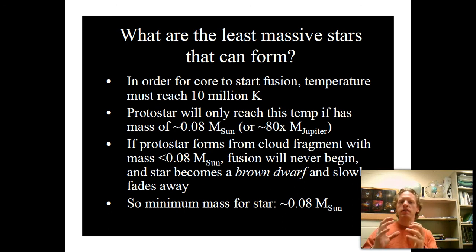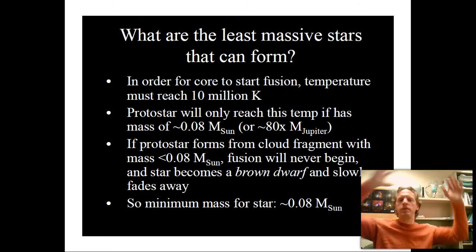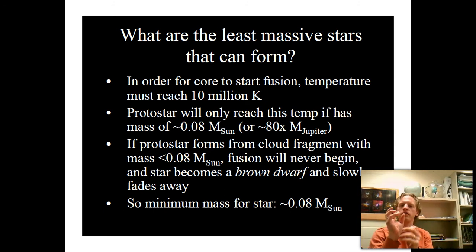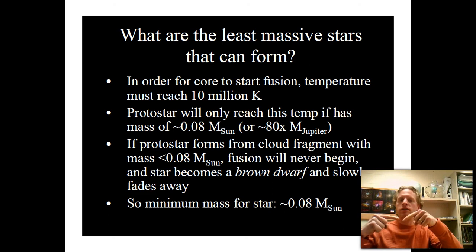Now, if that one fragment of the bigger cloud doesn't quite have enough matter, the gravitational pull isn't going to be strong enough to eventually form it into that new star. And the idea is that gravity inwards has to overcome that pressure outwards.